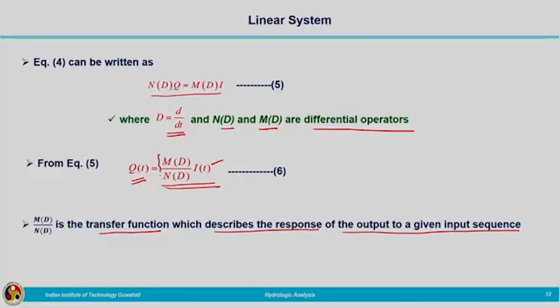To calculate the stream flow as a function of inflow, we can make use of this equation. So, in the case of a general hydrologic system, the input is translated to output by means of this equation. This particular term, M(D) divided by N(D), is termed the transfer function.